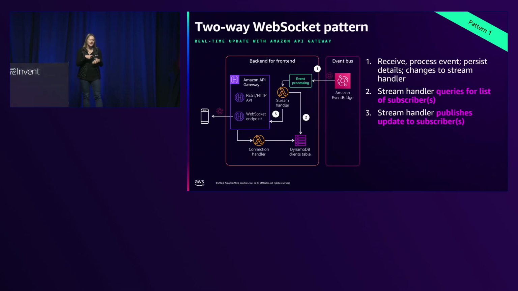So the stream handler has to essentially do a lookup to get the connection IDs for clients that actually need that update. And then for each individual client that's connected, the stream handler performs what's called a post-to-connection API call. And it does this for every client that's connected to send them the update.